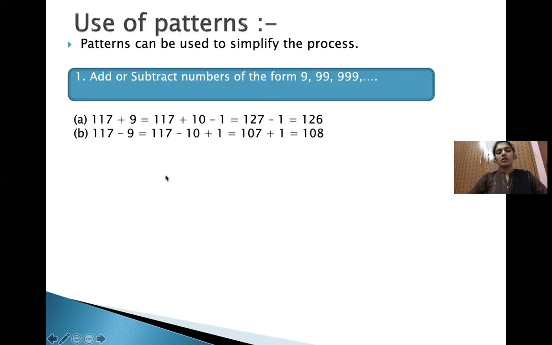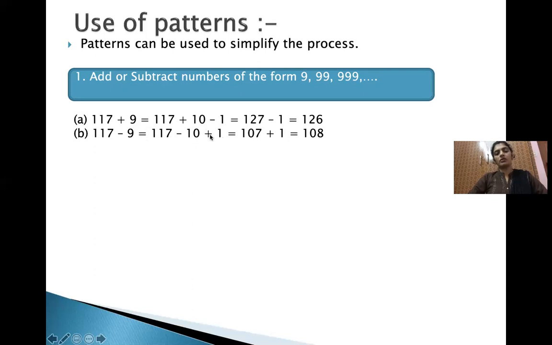Next is 117 minus 9. This time we have minus 9 here. So how can we write this? This time we have to take the bigger number as negative so that we get the negative sign here. So here we take minus 10 plus 1.